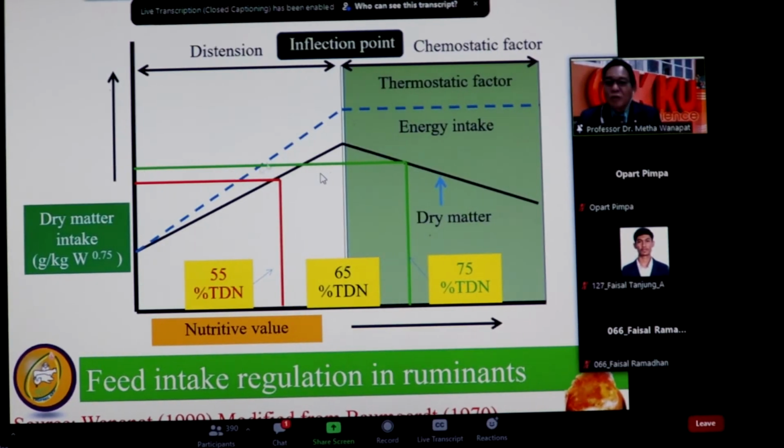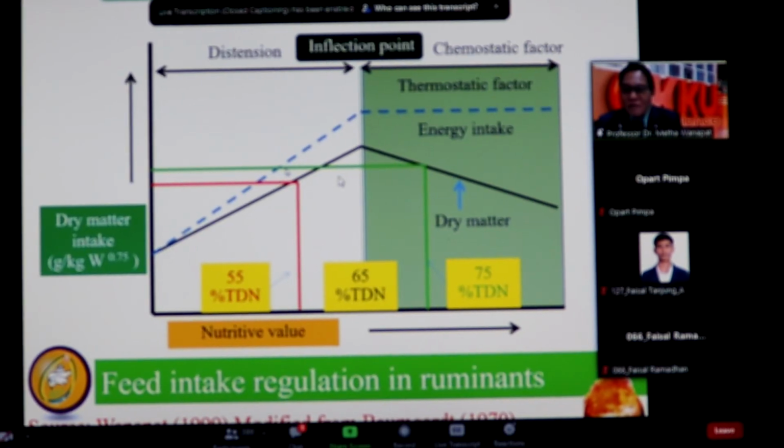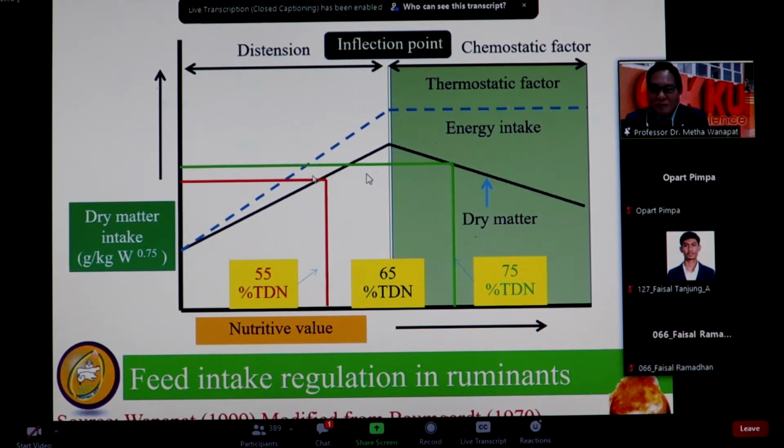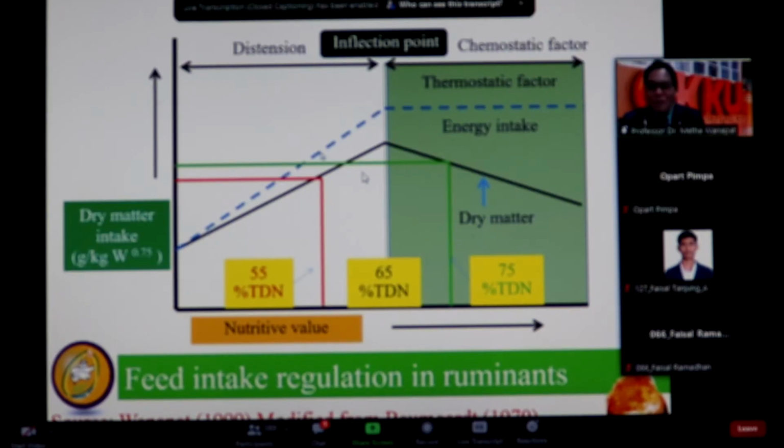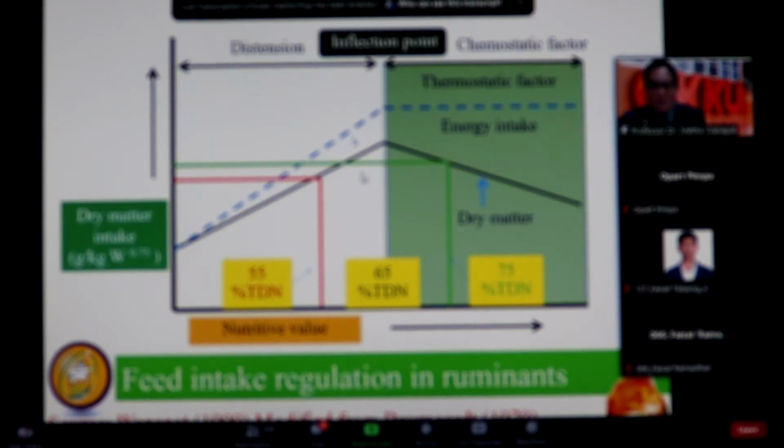So we need to improve the quality of the roughages in order to obtain more intake and more nutrients, okay, and these nutrients will then be degraded and absorbed for the synthesis of the products, okay?